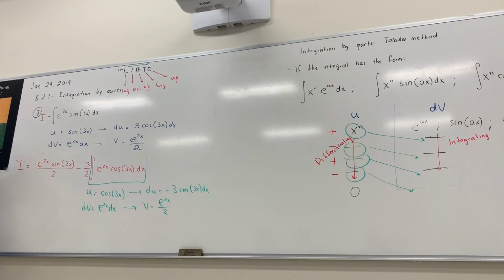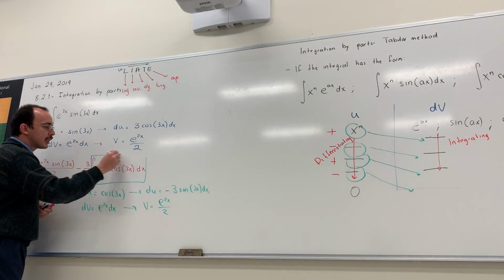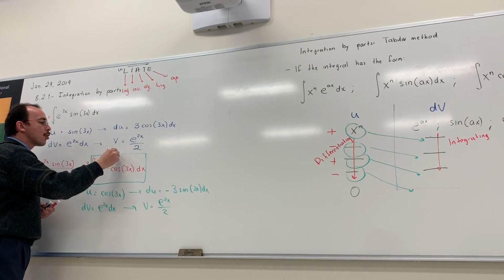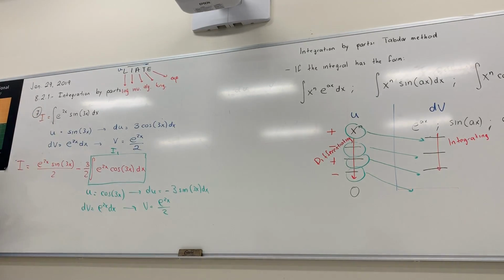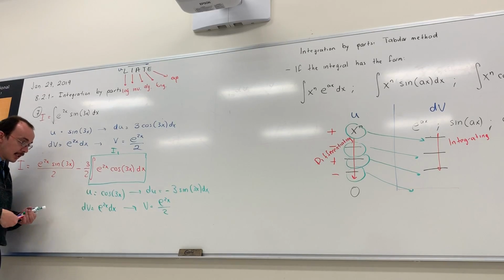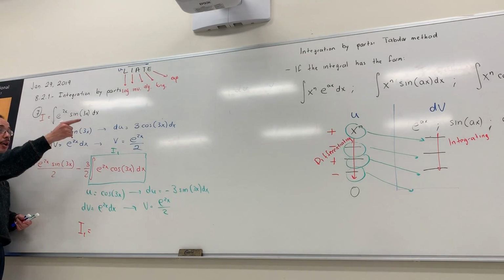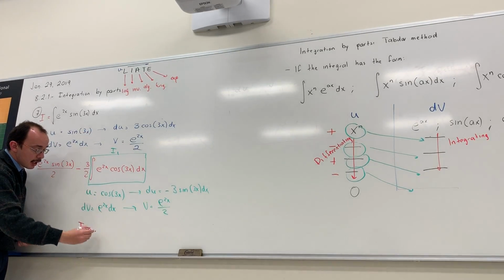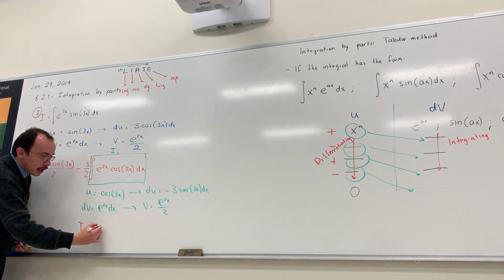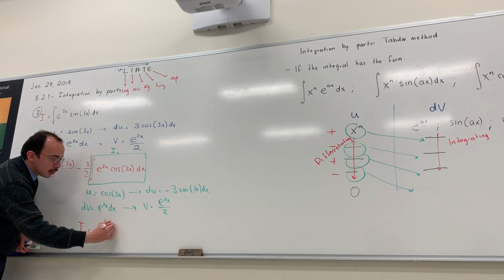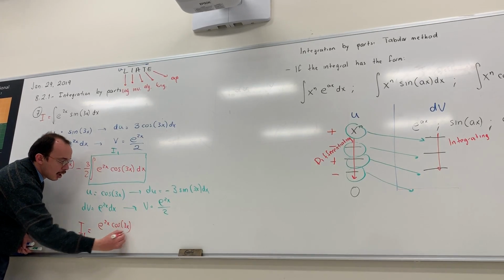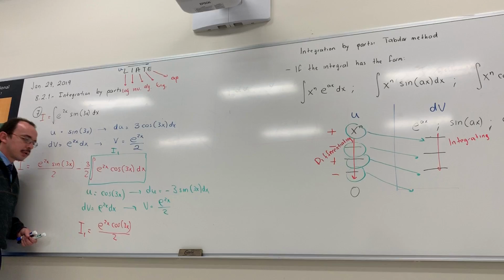We're going to call this integral I1. So I1 is, according to my formula, u times v: e to the 2x cosine of 3x over 2.